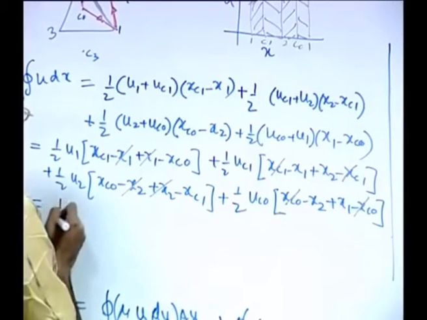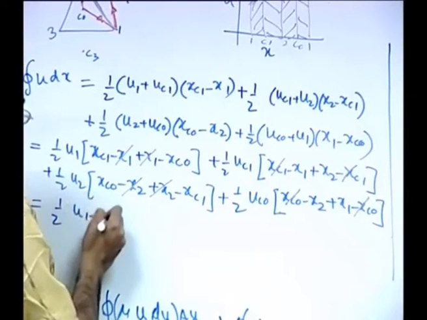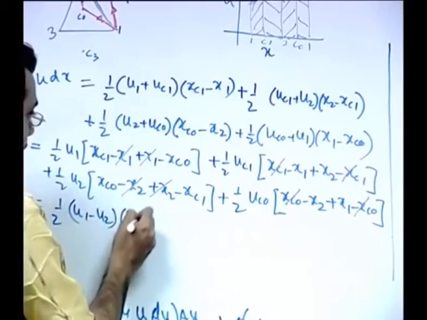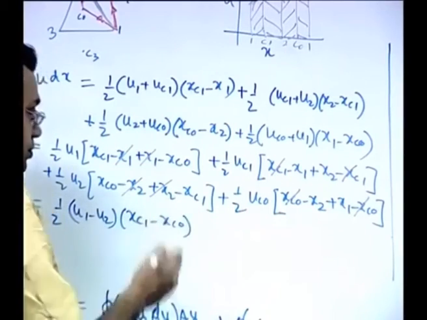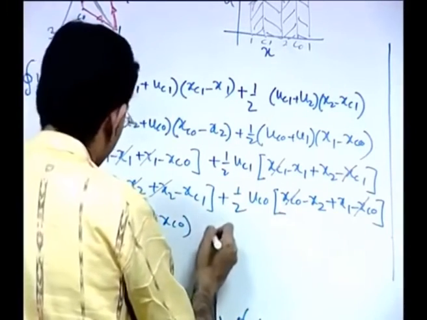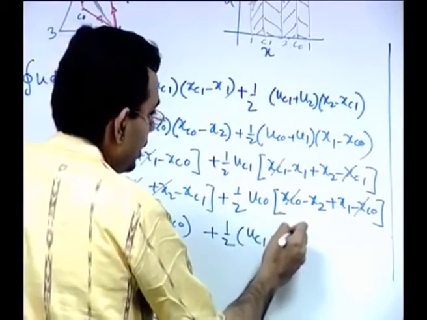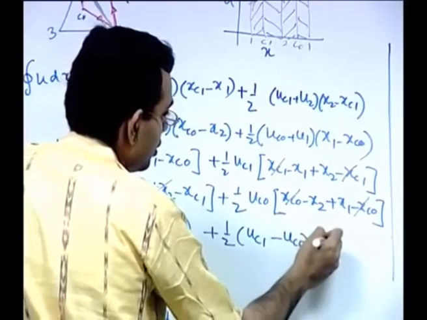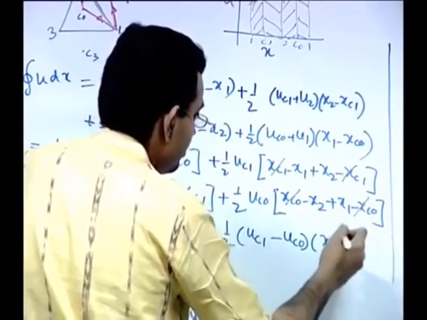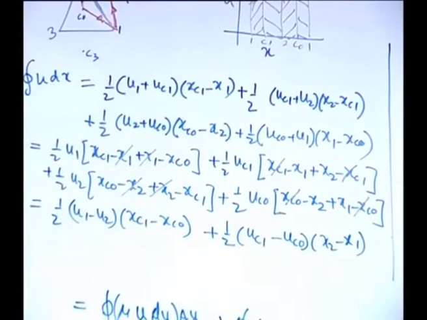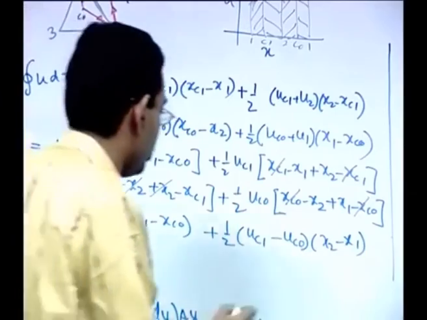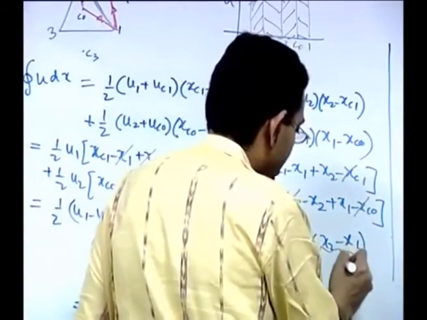So you can write half into U1 minus U2, you can take common, then it will be XC1 minus XC0 plus half UC1 minus UC0 into X2 minus X1. So this by our notation is delta x.